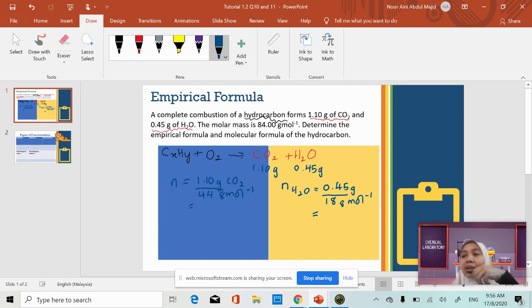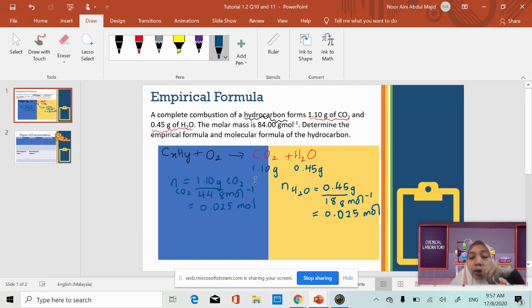And you should get the value to be around 0.025 mole. This one as well is 0.025 mole. But this is nCO2 and this is nH2O.